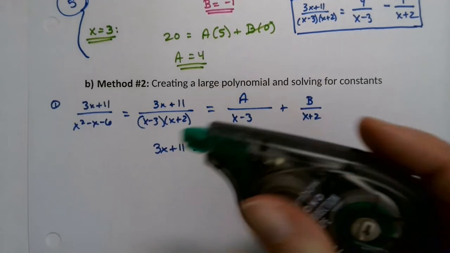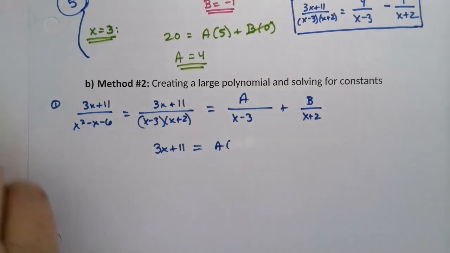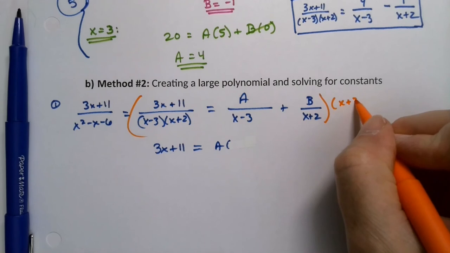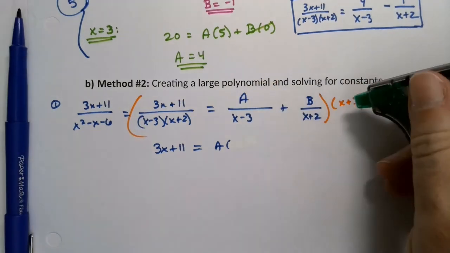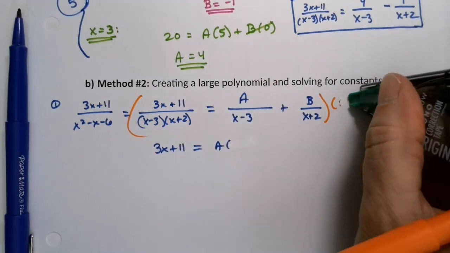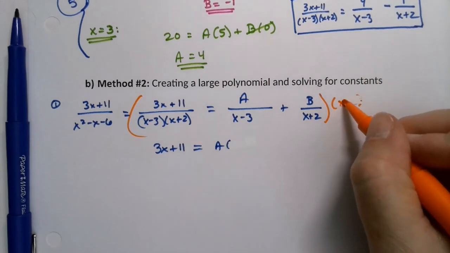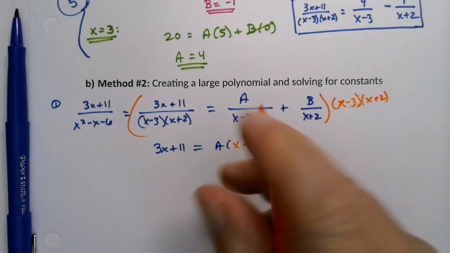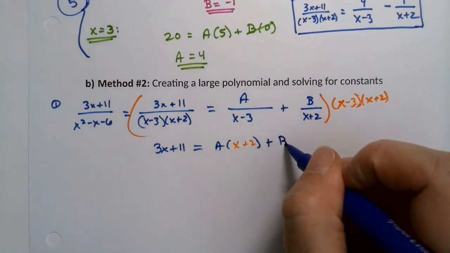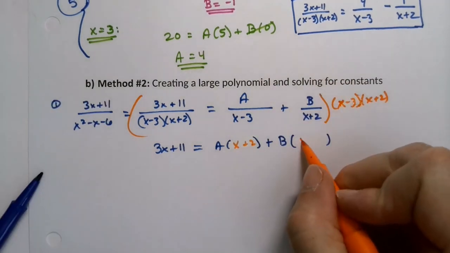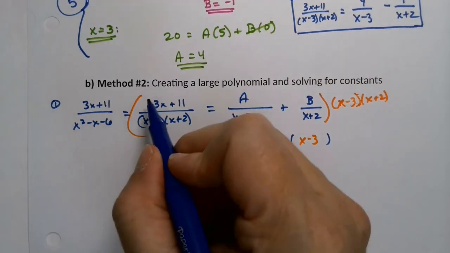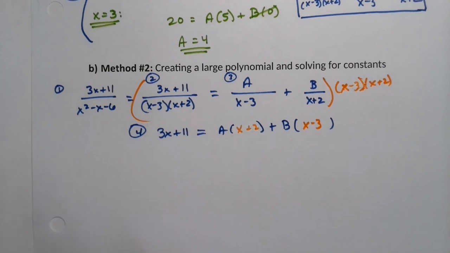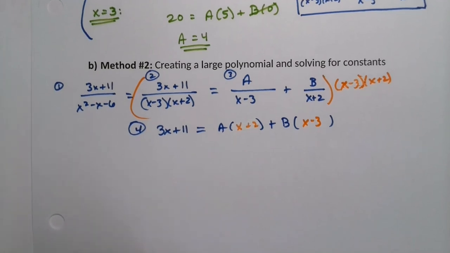Oh, here, just so you can see, it really is the same thing. Ooh, x minus 3, though. I'm making mistakes as I go. All right, so x minus 3, x plus 2. So this becomes x plus 2, and then you'll have x minus 3. So all of that is the same. Step 1, 2, 3, 4.